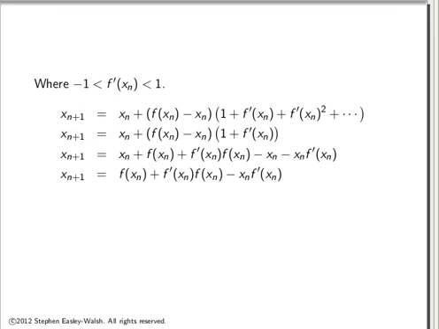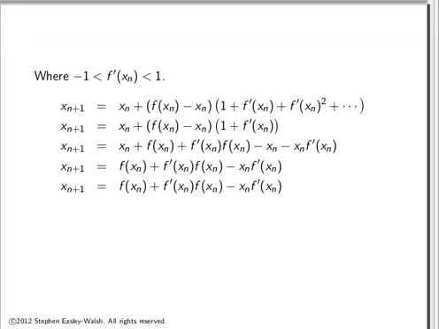What's in common with these two? Yeah, f derivative xn. So I'll take that out. So you see I took the derivative out there because it was in common to both. Okay, happy with that now?